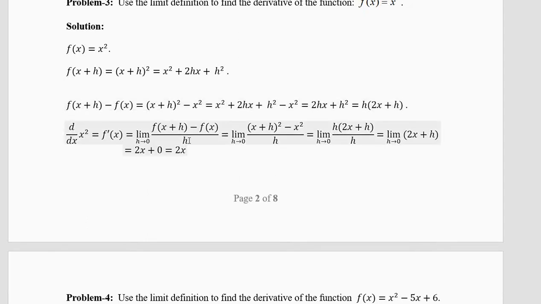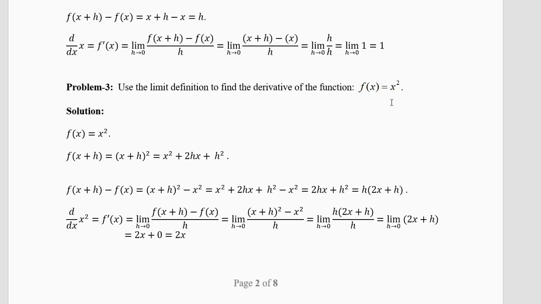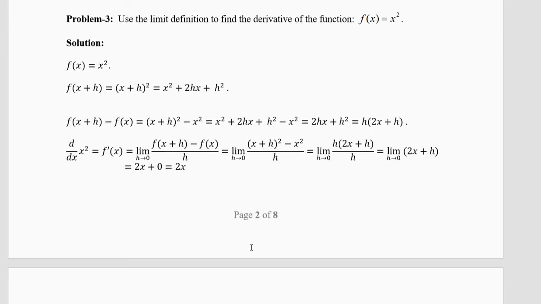Take the difference, divide by h. When you divide by h, this h will cancel, because why will it cancel? Because h is not equal to 0, it is close to 0 from the left and from the right. You will be left with 2x plus h, limit h going to 0, 2x plus 0, you will get 2x. So derivative of x square is 2x.